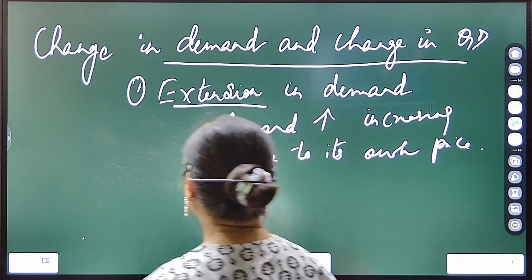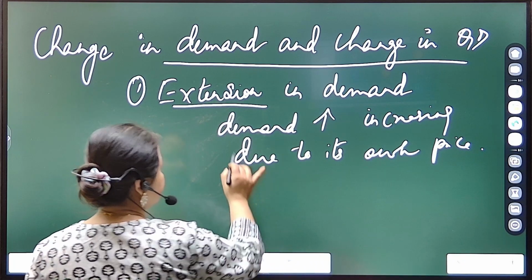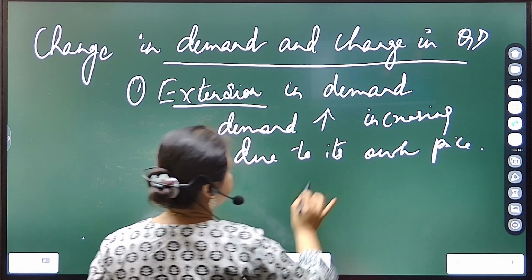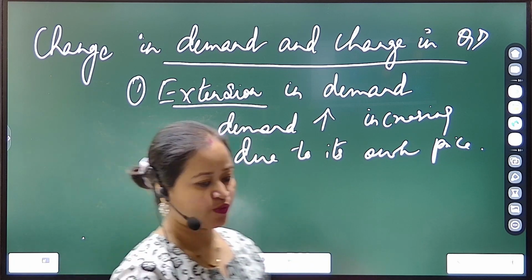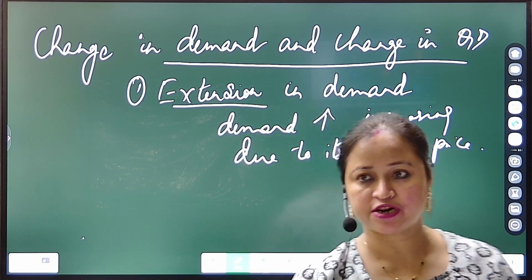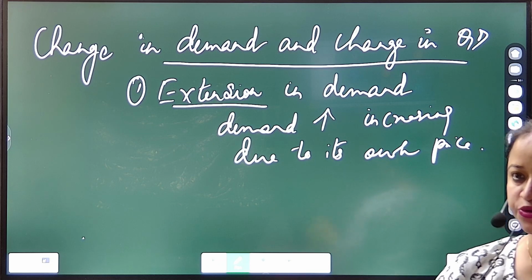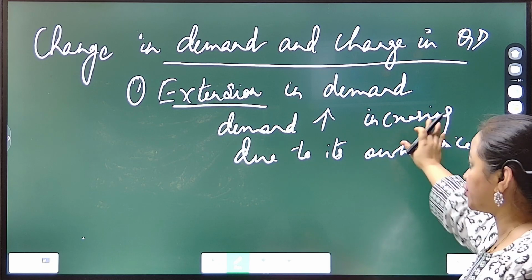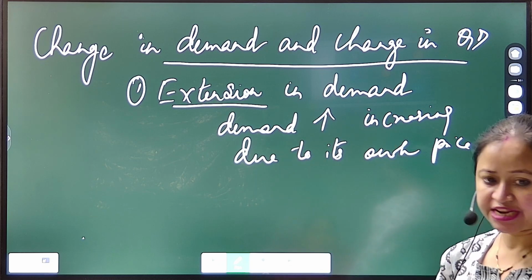So when demand increases due to its own price, when the price of a particular good is decreasing and due to that demand is increasing, that is called extension in demand.